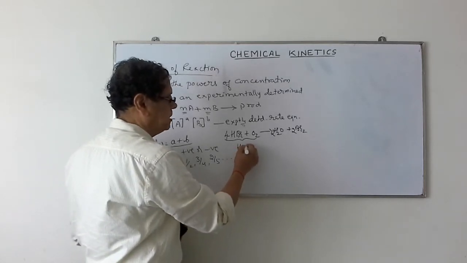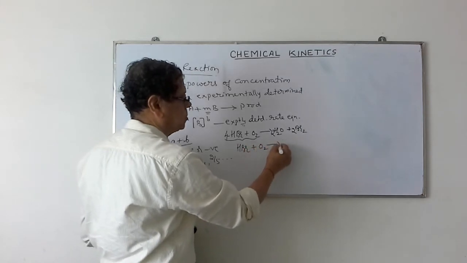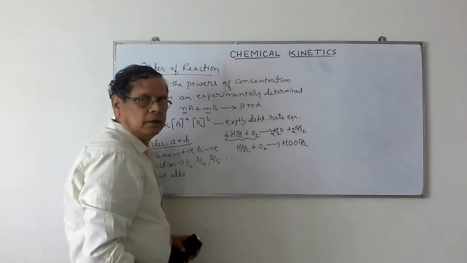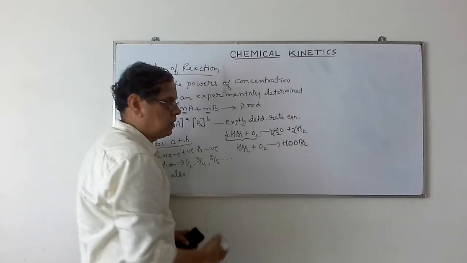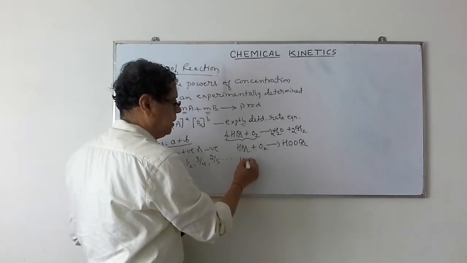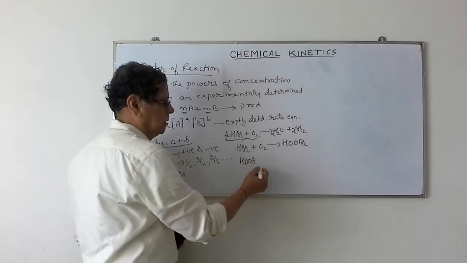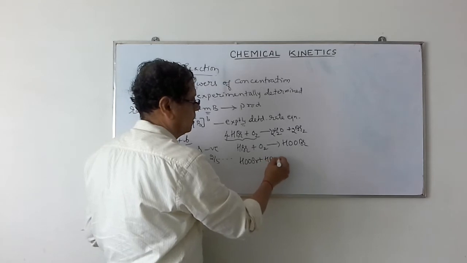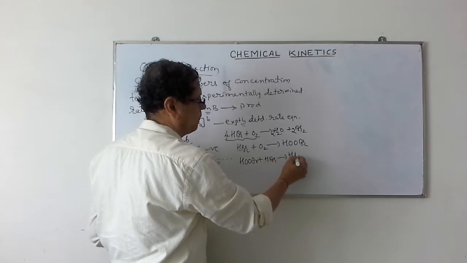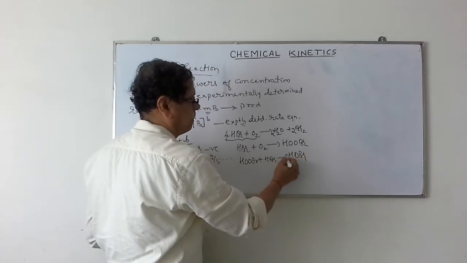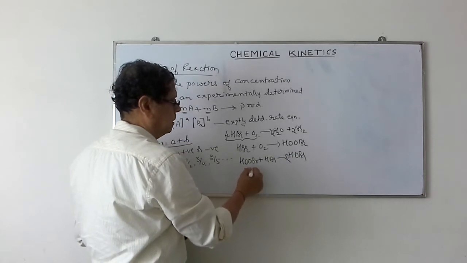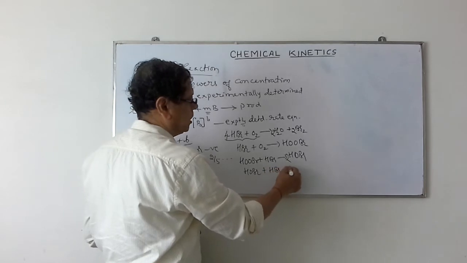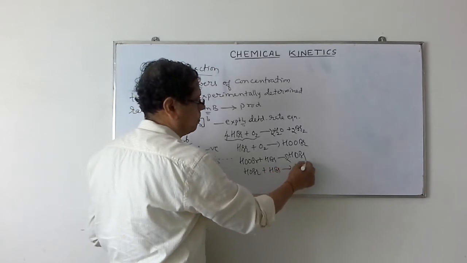So we write the mechanism: HBr plus O2 giving rise to HOOBr. HOOBr plus HBr will give rise to two molecules of HOBr. HOBr plus one more molecule of HBr gives rise to H2O plus Br.